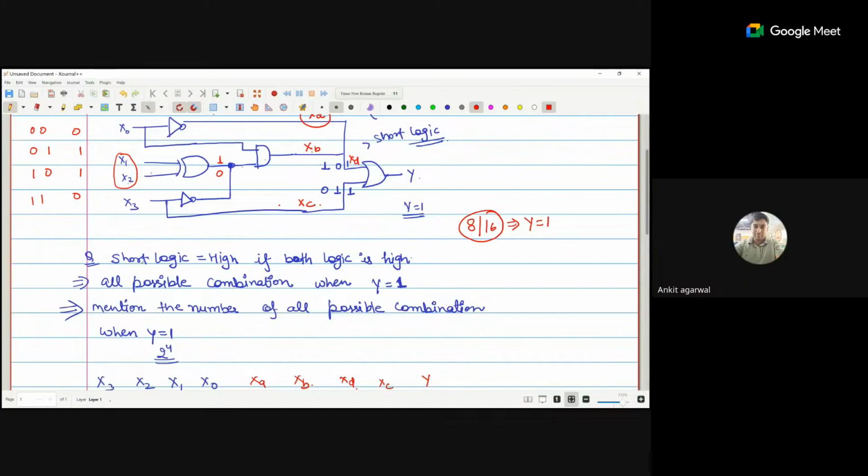When it is 1, I have to check what X naught is. If X naught is 0, the output is 0. If X naught is 1, the output is 1. But if X1 and X2 are both the same, XB is 0.